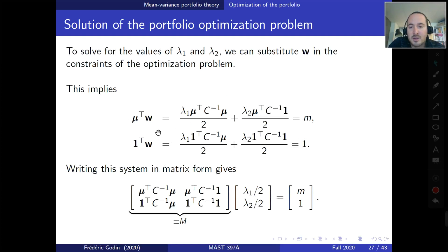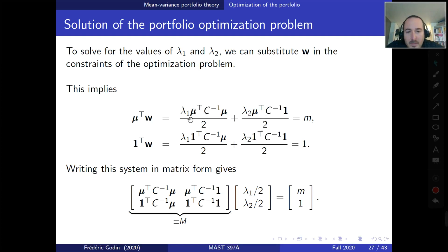Here the first constraint was that mu transpose W should be equal to M. So this is, expected return must be equal to M. The second constraint is that the sum of weights must be equal to 1. And then we can replace W by what we just had in the previous slide. So if you make this substitution, you end up with these expressions here. Basically, this is exactly the previous expression for W, but here we multiply each term by mu transpose.